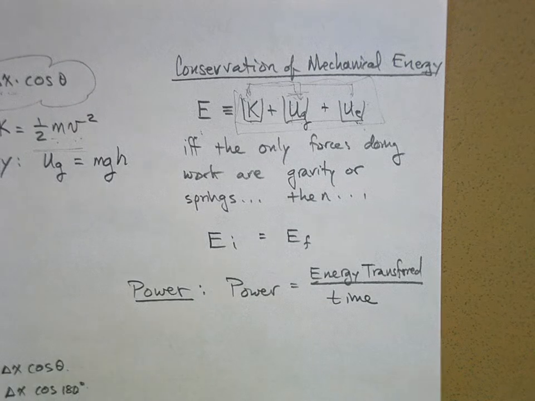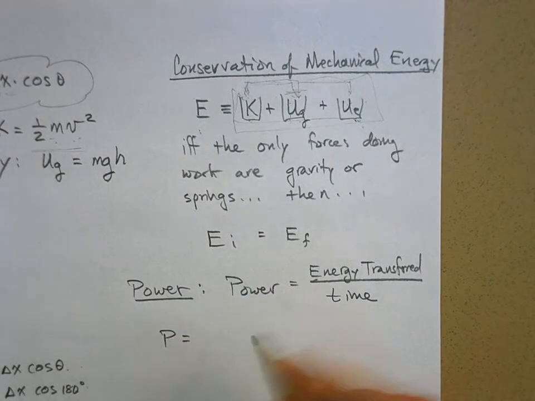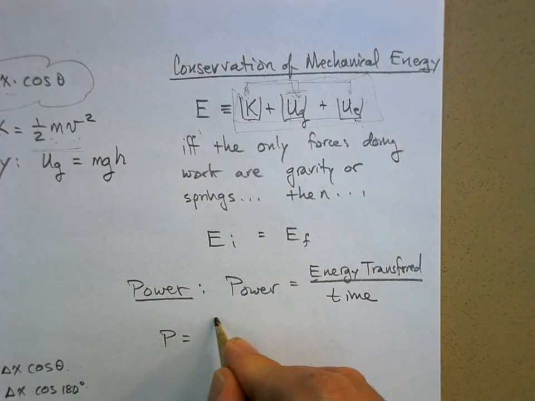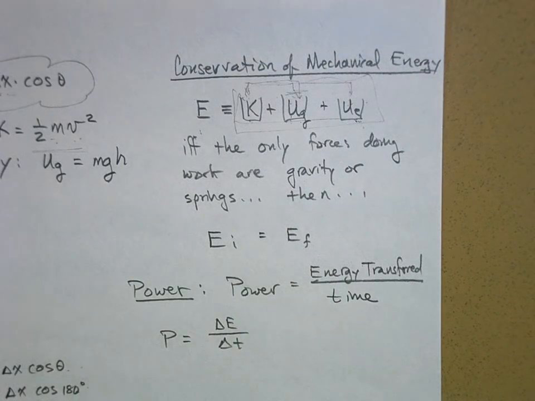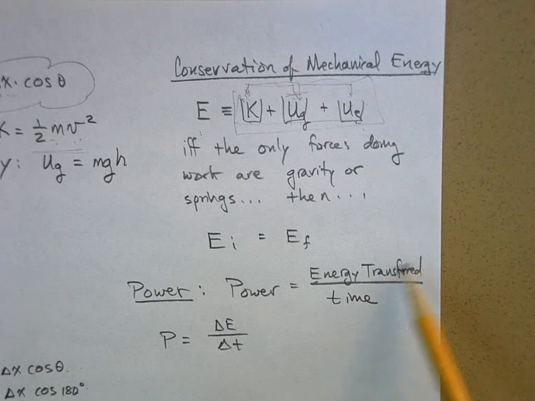And of course we use P equals delta E over delta t. That's one way of doing it. Now, usually, how do we transfer energy?